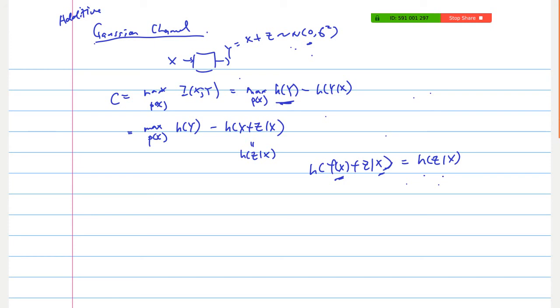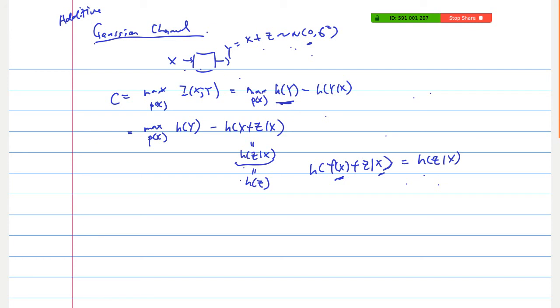I can further argue that this is equal to h(c), simply because of the setup of the channel: the noise is independent of the input.